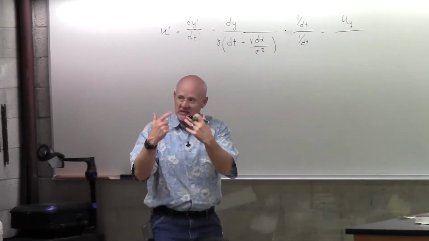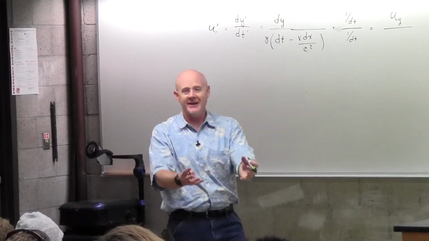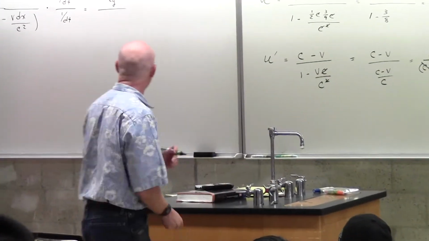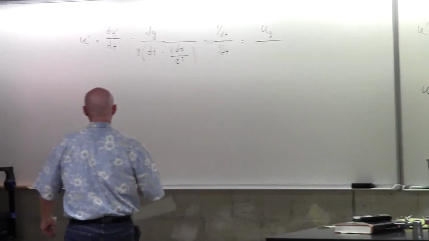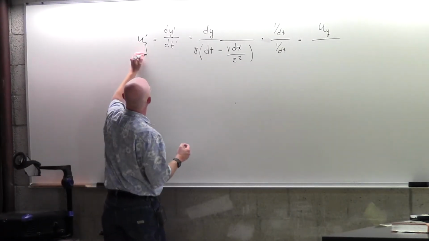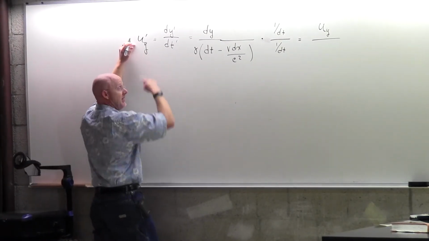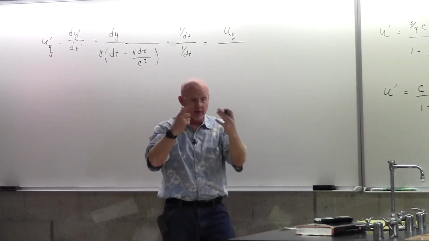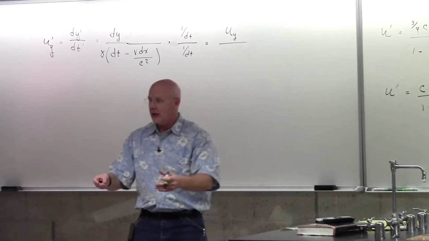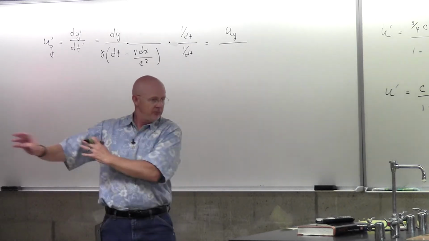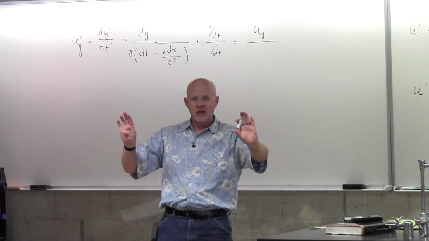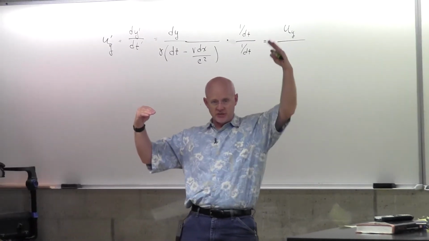See, this is exactly what we would have gotten if we did not have our time dilation, right? You would have said that the speed measured in the y direction by me is the same speed measured in the y direction by you. And this is what we would have gotten before this chapter. We would have just said, look, if you're moving along the x-axis, that's irrelevant for how much the bird is moving in the y-axis.